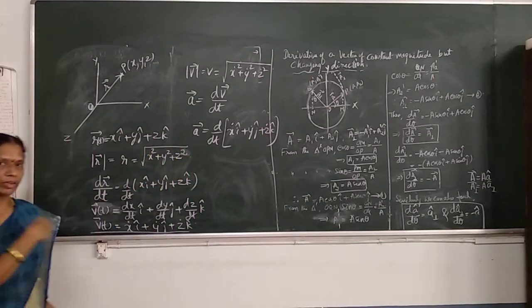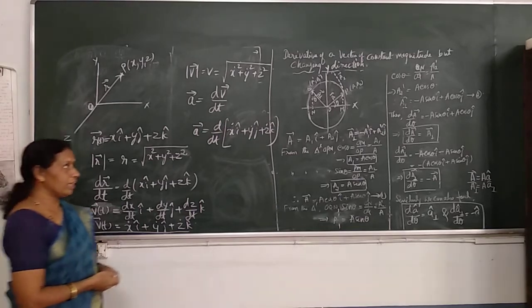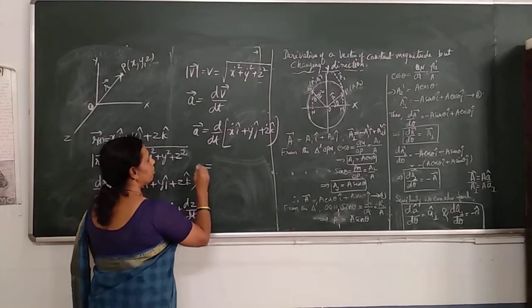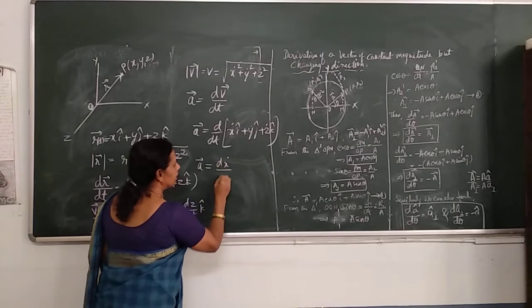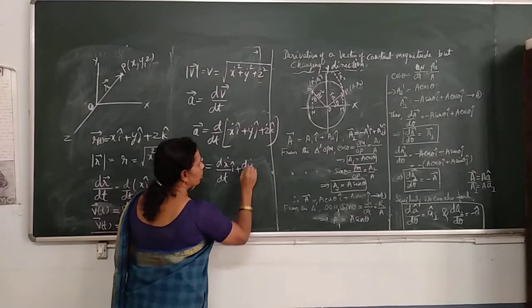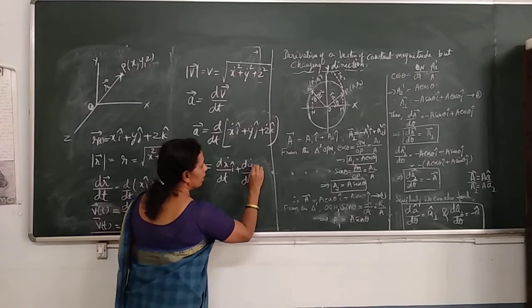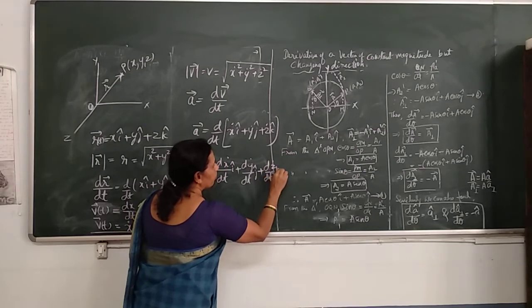x, y, z are functions of t, so x dot, y dot, z dot are also functions of t. Therefore, acceleration is given by d x dot by dt i cap plus d y dot by dt j cap plus d z dot by dt k cap.